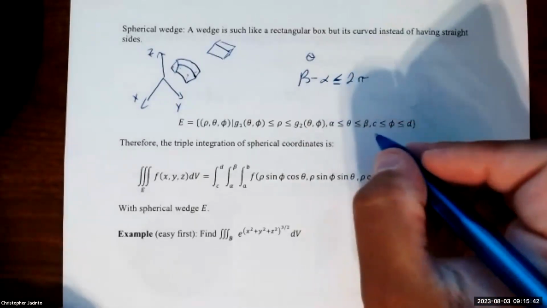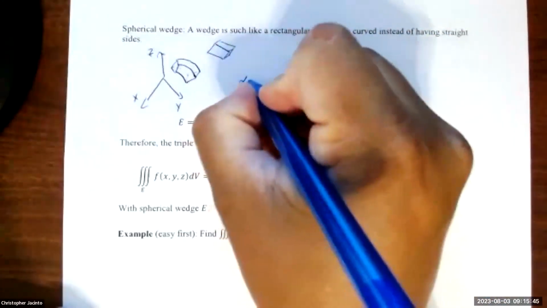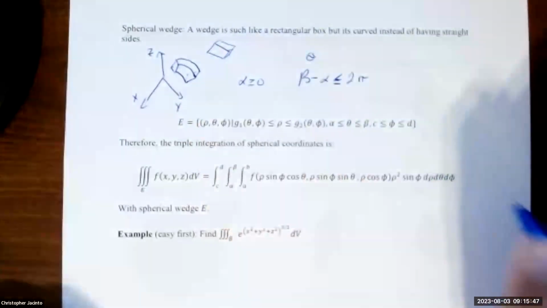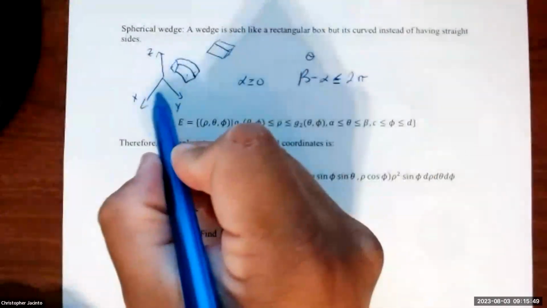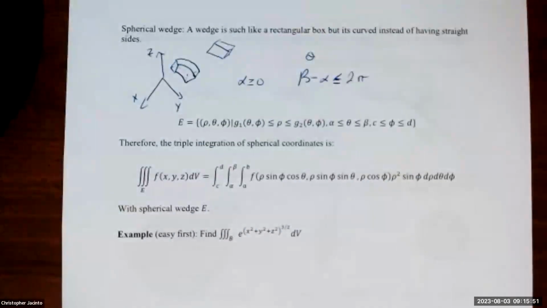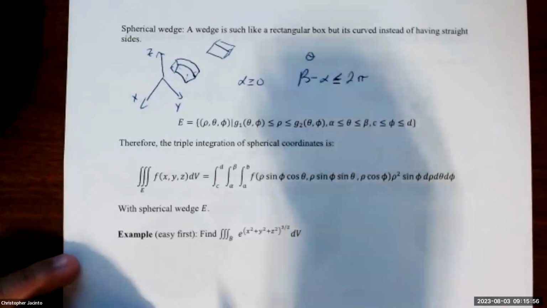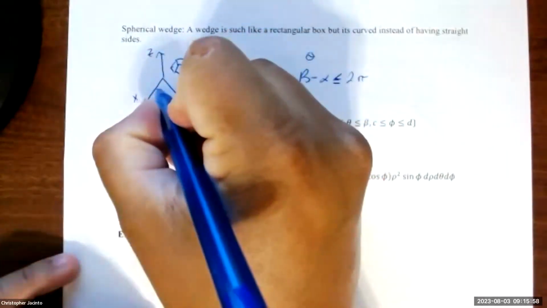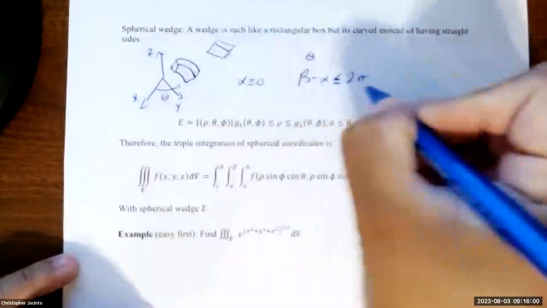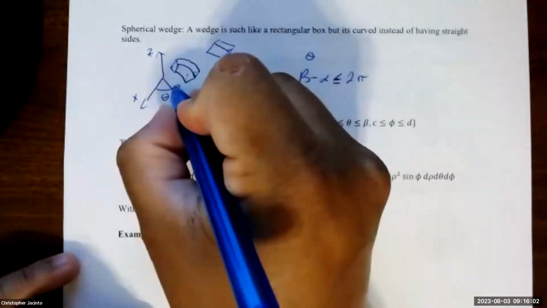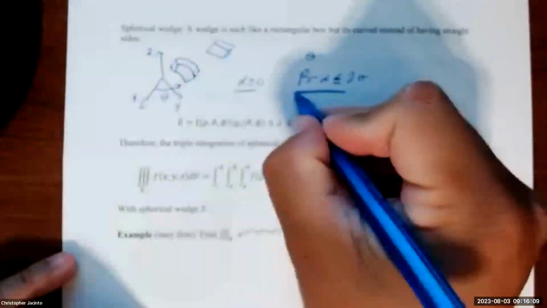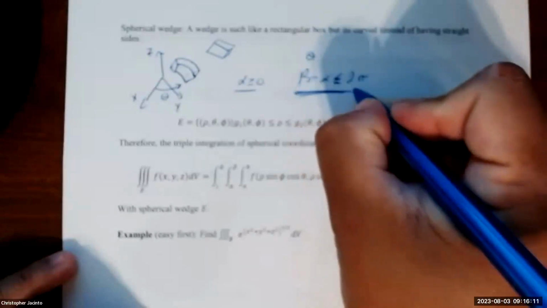And alpha must be strictly greater than 0 when we rotate this all the way around. And again, remember that represents the angle itself. So from here to here is where these conditions have to be. So the rotation going around the x-axis has to be basically 2 pi. It can't be any higher than 2 pi itself.